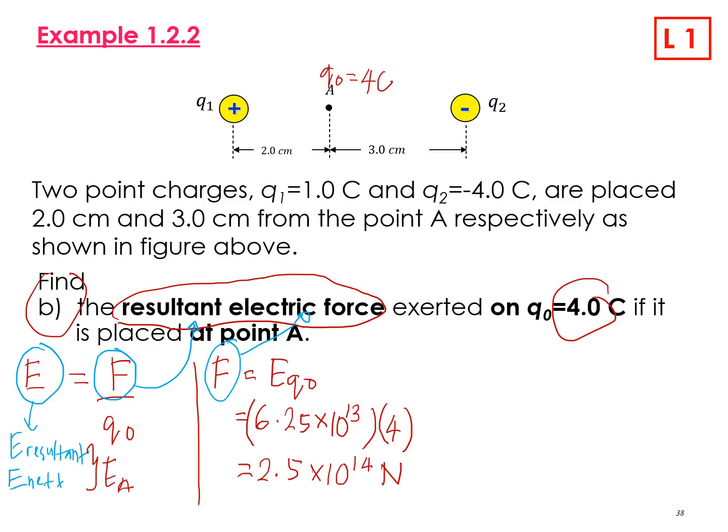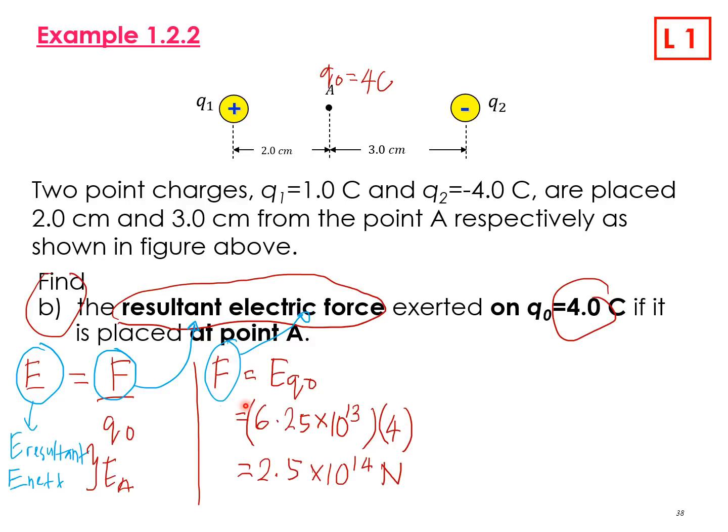Based on the definition, the direction of the resultant electric field is the same as the direction of F. Since we already know the direction of E net, we can find the direction of F net.